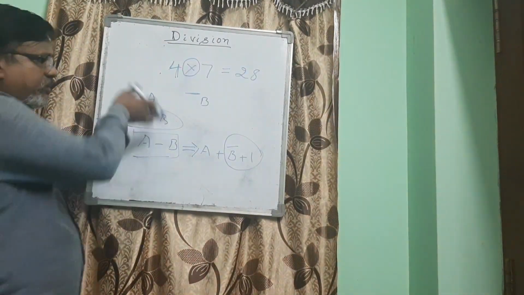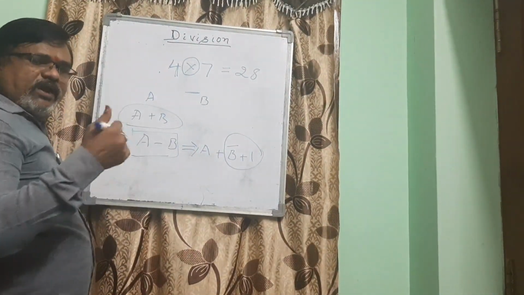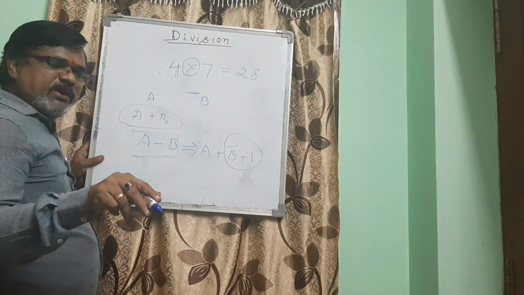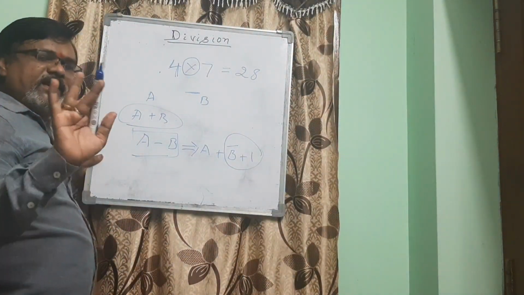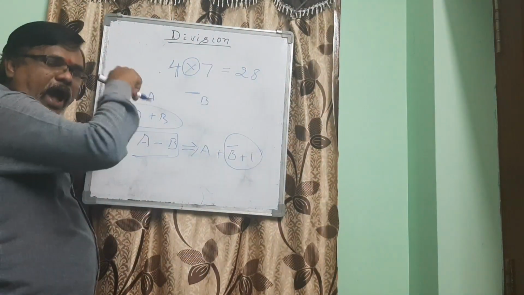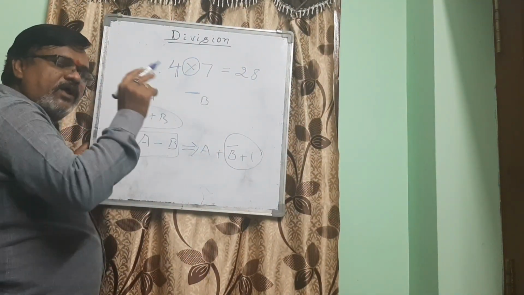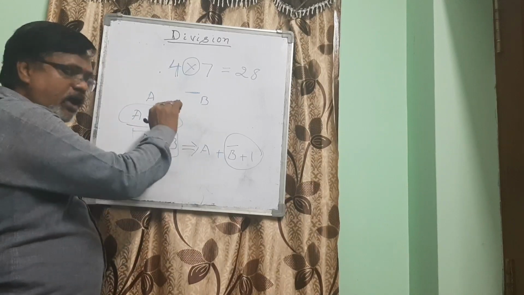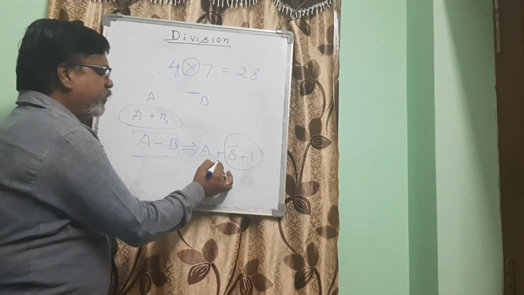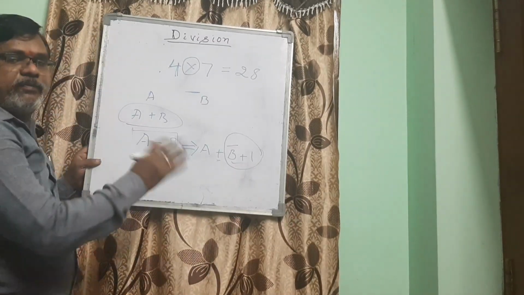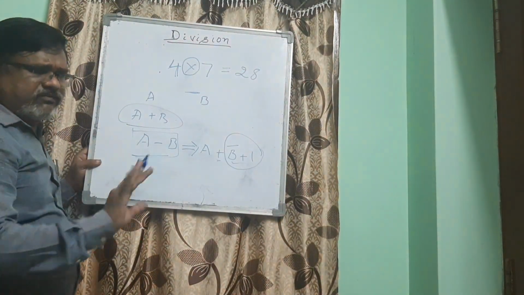Yes or no? Even in the previous division example, whenever I said you subtract B, whenever I said after shift right the B, you subtract B, it doesn't mean that you are going to subtract directly. You are going to add the 2's complement of B to the previous partial remainder. That is what we are going to show.